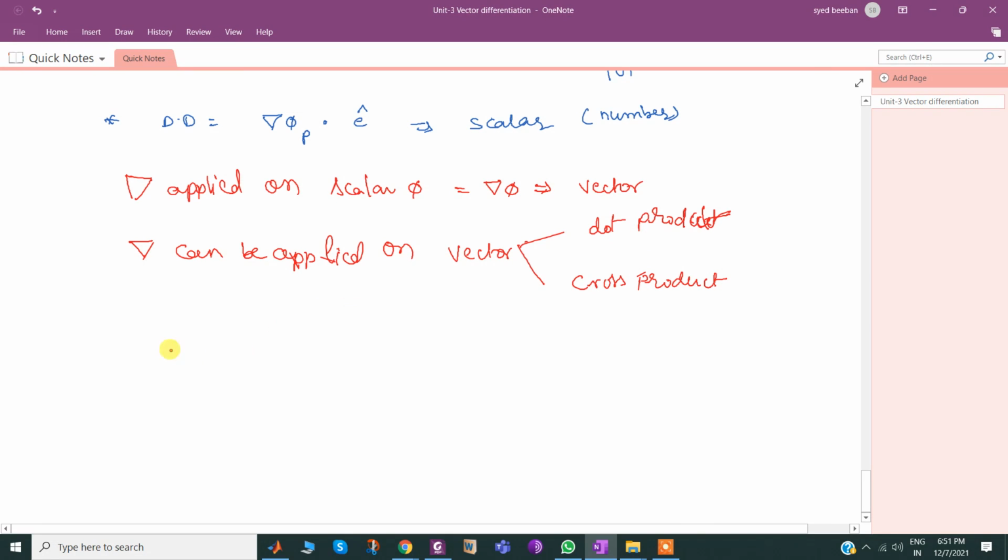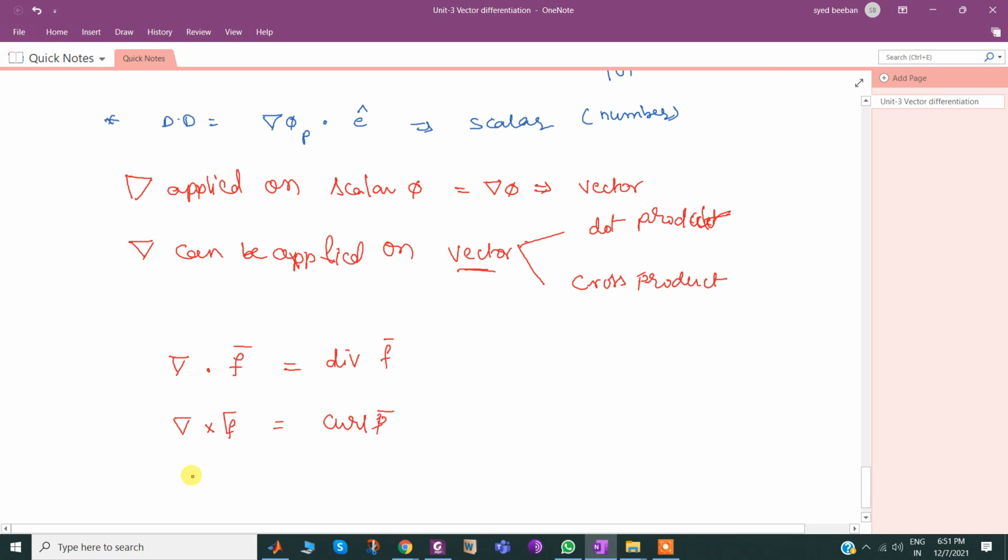That is nothing but del dot applied on a vector. That's the reason I am taking del dot f bar, which is known as div f bar. Similarly, del cross f bar is known as curl f bar. About this concept we already discussed in the last class.